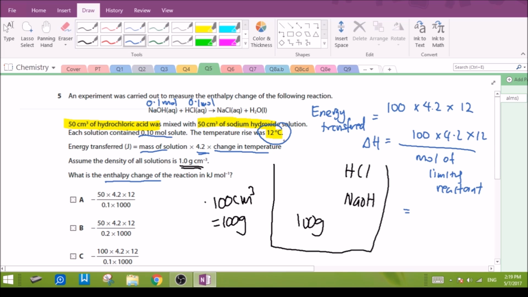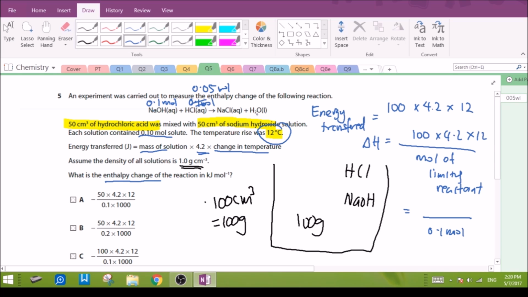Right. So we will be putting 0.1 moles as our denominator here, the moles of the limiting reactant. If the question had changed such that it was 0.05 moles, for example, for hydrochloric acid, then we realize that it is actually the hydrochloric acid that is the limiting reactant.